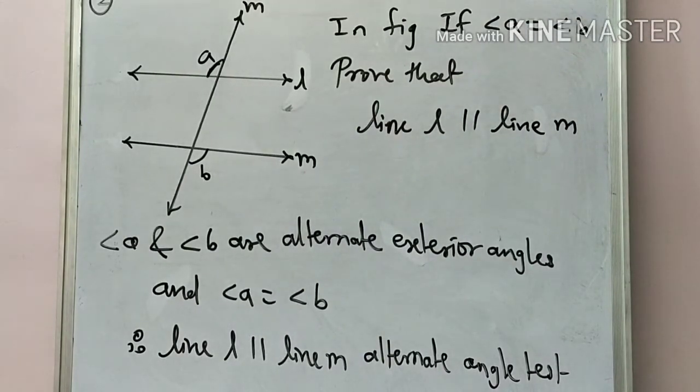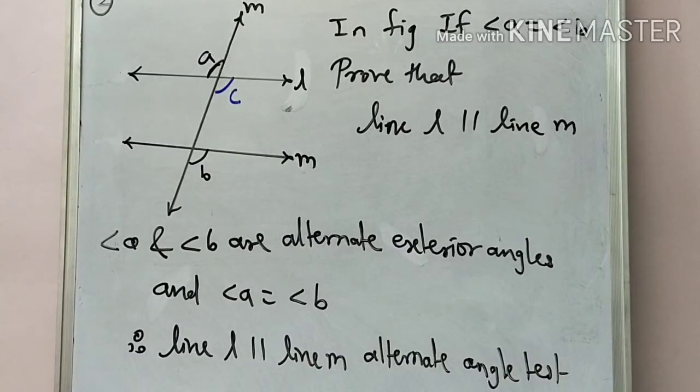Or there is another way also, by the corresponding angle test you can also prove it, meaning take one more angle which is corresponding to the other. So I suppose here for angle B, C is the corresponding angle. Okay, so how do we prove it? Here A and C are what? Opposite angles.